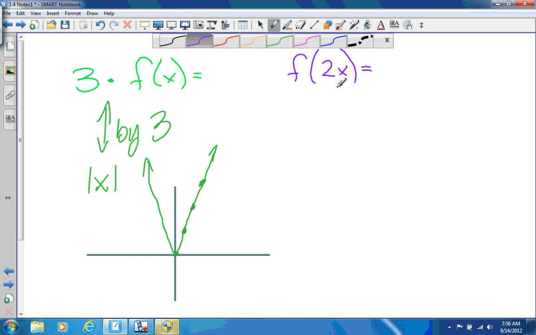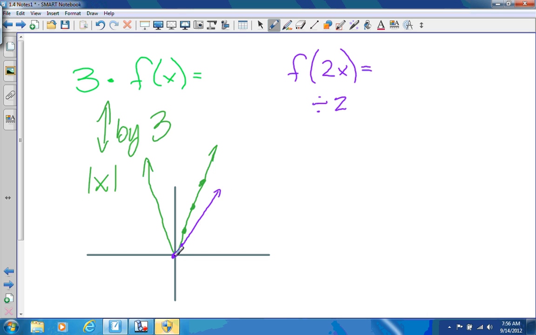And with a function like this, because it's with the x, this is going to be dividing the x values by 2. So it's going to compress your graph. So typically, if you have absolute value, it's over 1, up 1. Now it would be over half, up 1. It would be over 2, up 2, but now it would be over 1, up 2.